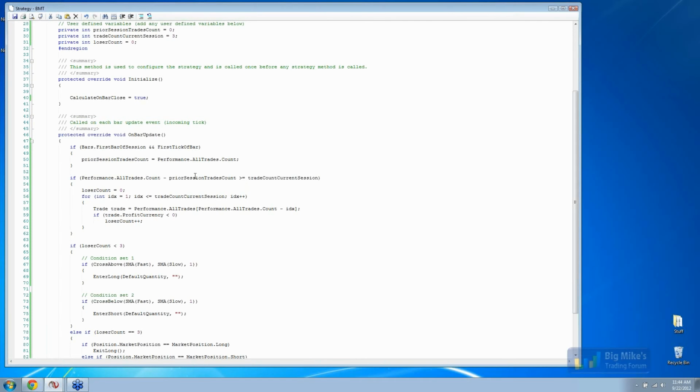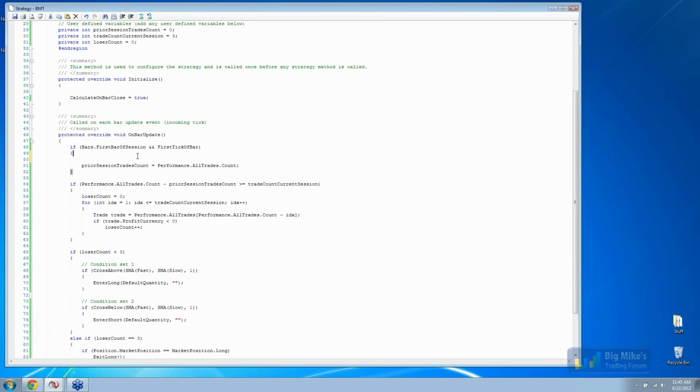If the current count minus the prior session count is greater than the trade count current session, greater than our 3 over here, so if we made 3 trades, then we want to determine this loser count. So the issue I have is this right here. The problem is I put this in the wrong spot. Maybe I should reset that at the beginning of a new session too. So let's do that and check it out.